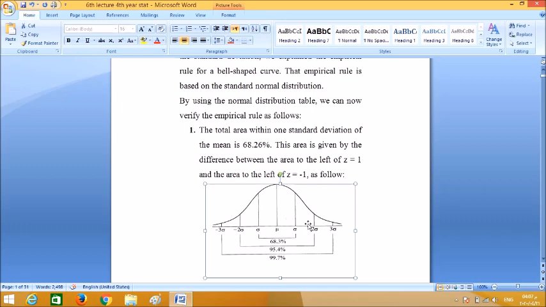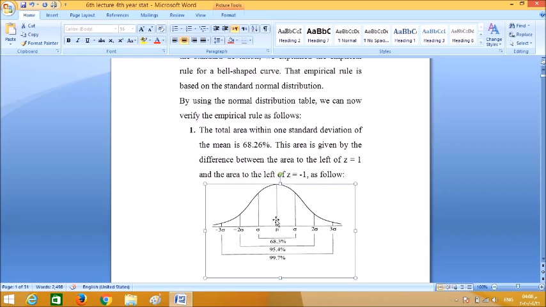The second rule is that the area between minus 2 sigma and plus 2 sigma around the mean equals about 95%. If we deal with the standard normal distribution, this area will be between 2 and minus 2, around 0 or around the mean.